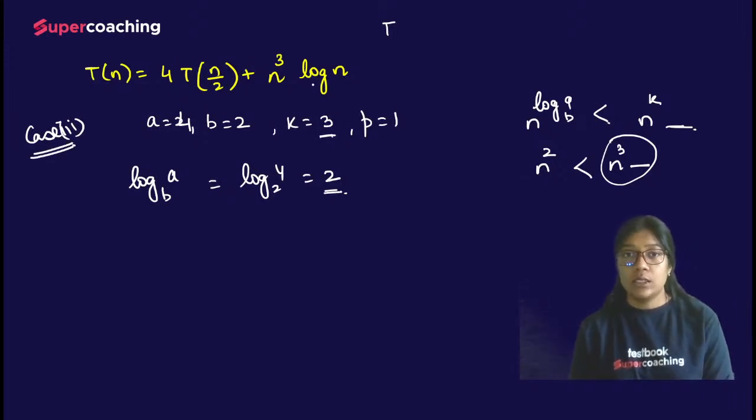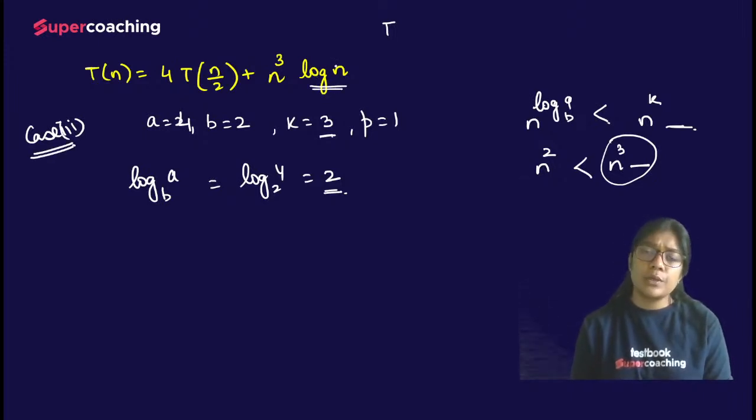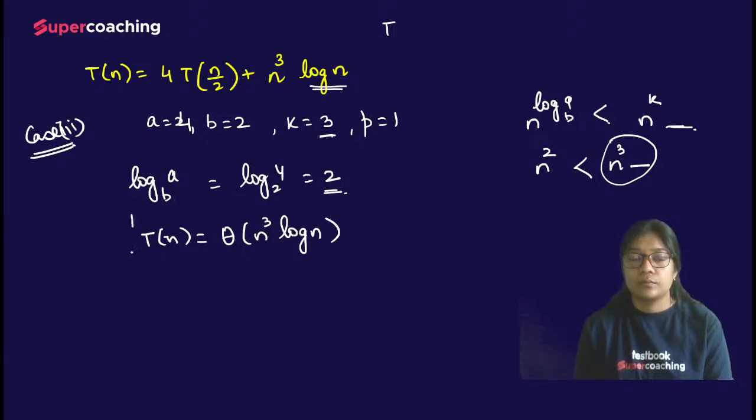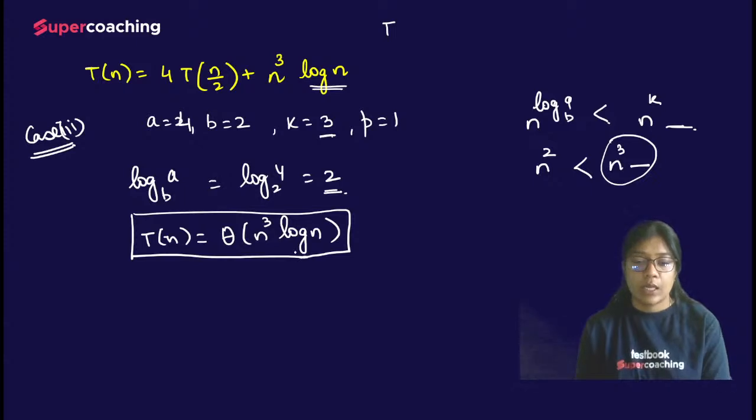And here this log term is making this function greater because this is in the numerator, this is a positive function. So we will be returning the function as it is. So T of n will be equal to theta of n cube log n.